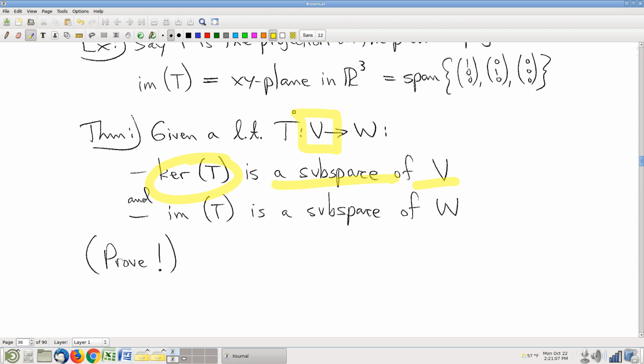So look back at the proof in section 2.2 where we proved that the collection of all homogeneous solutions is a subspace. Your proof of this fact will be modeled on that. Okay, good practice problem. Give that a try. Similarly, the image of a linear transformation is always a subspace of the target. Okay, give that a try as well.